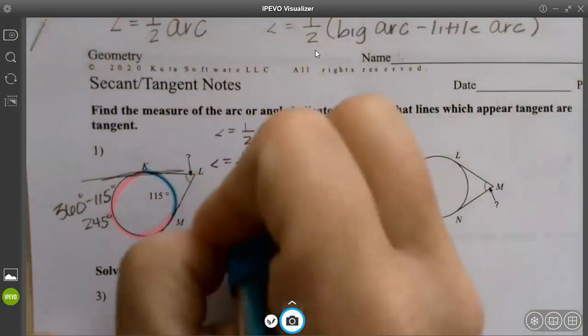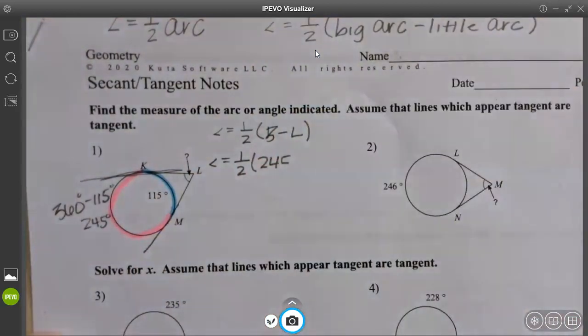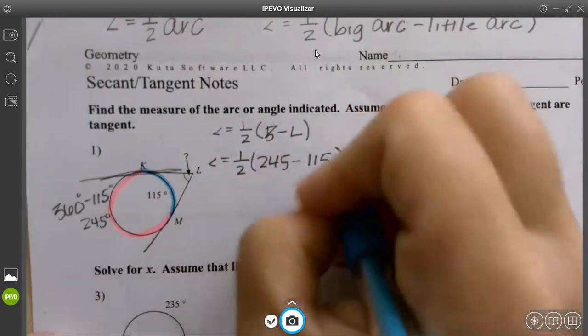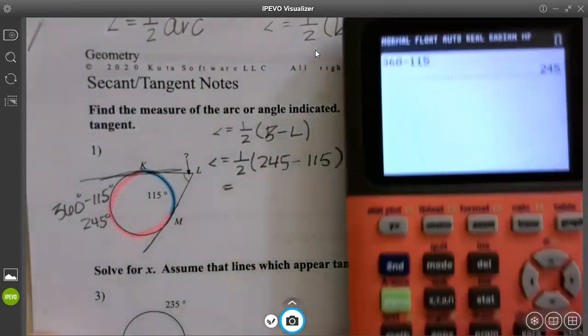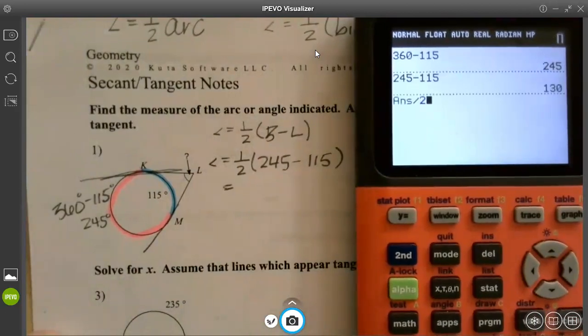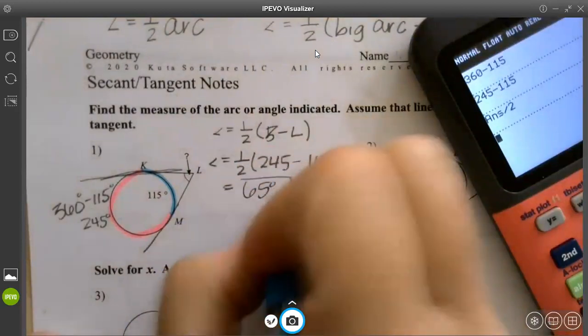Angle equals half. Your big one is obviously the 245, minus the little, which is 115. And you just put that in your calculator. I just do 245 minus 115 and then divide it by 2, which gives me 65. That's it, y'all.